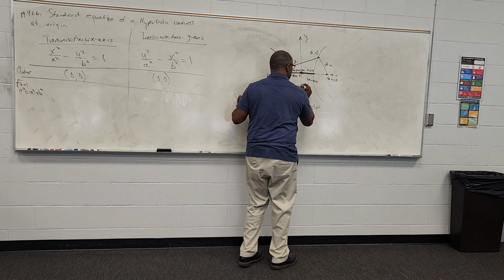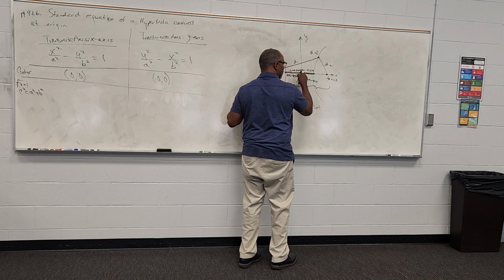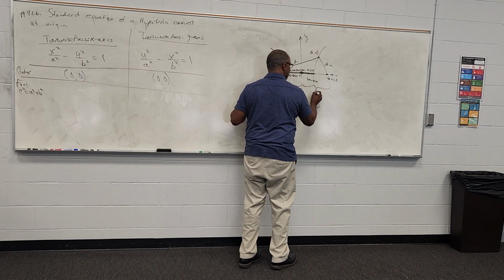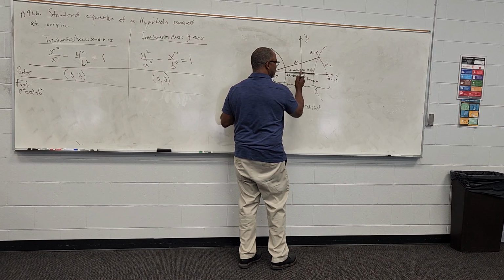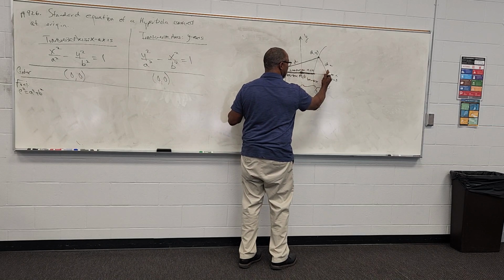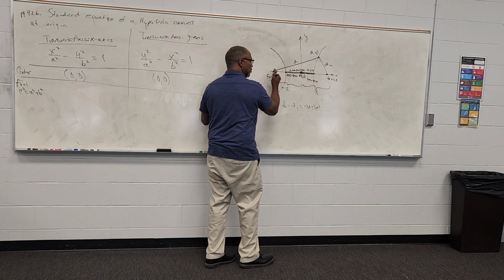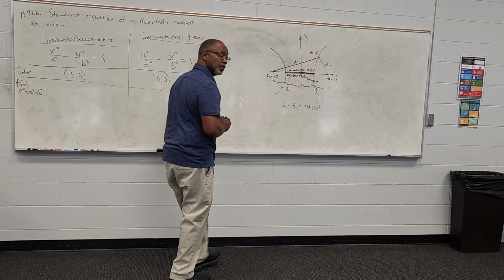Same right here. The distance from the center to that focus is going to be c. If you imagine this is at 0, 0, then this would be positive c and that would be negative c. So go c units from the center to get to that focus, and back up c units from the center to get to that focus.